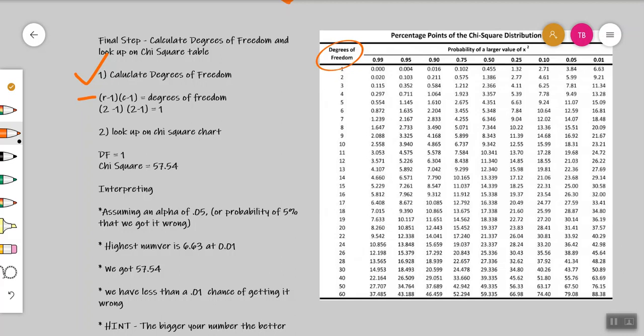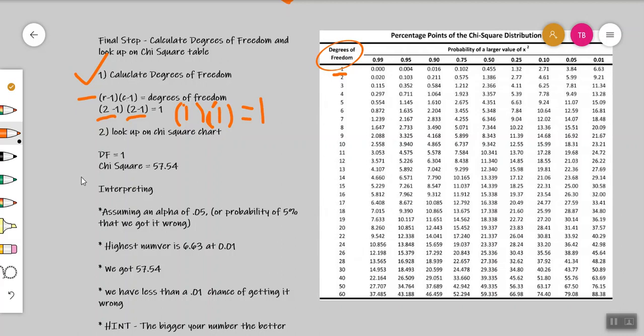R simply means rows, and C means columns. Since we had 2 rows and 2 columns, it's 2 minus 1, which equals 1, times 2 minus 1, which is also 1, which equals 1. So your degrees of freedom are going to be 1.